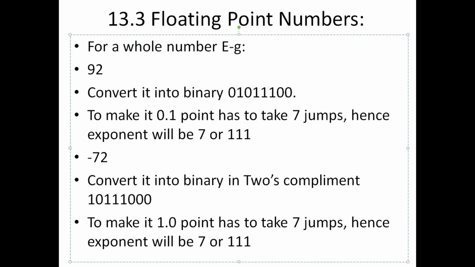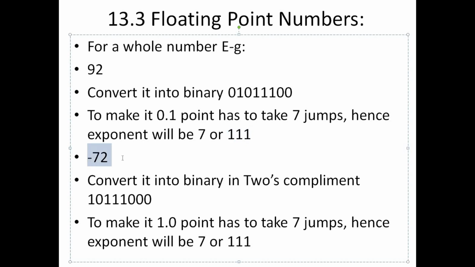In order to make it into the normalized form, the point will need to take 1, 2, 3, 4, 5, 6, 7 jumps, so that it starts from 0.1. Now since you're giving the point 7 jumps on the left hand side, that means the value of your exponent will be 7 or 111. This will be the value for your mantissa, and this will be the value for your exponent. You can add extra zeros in order to fill it up according to the question.